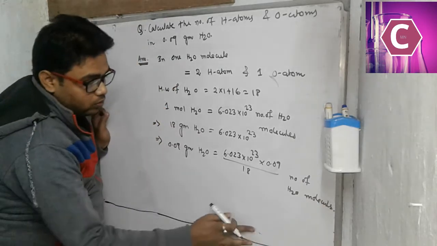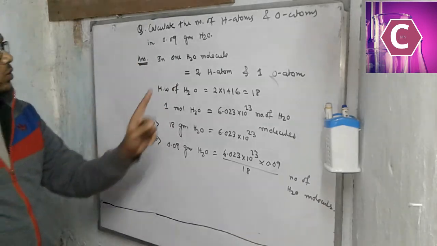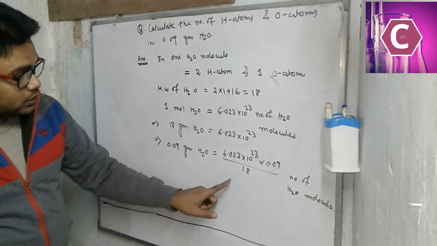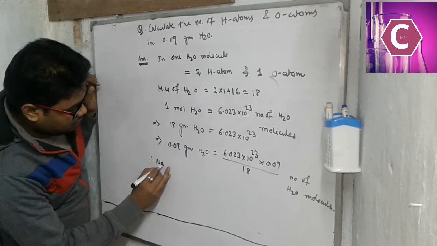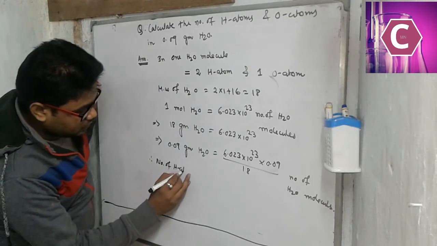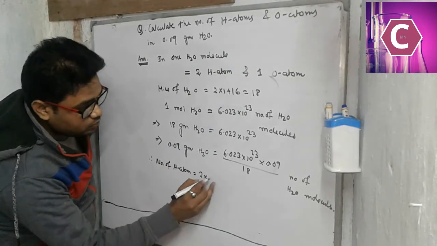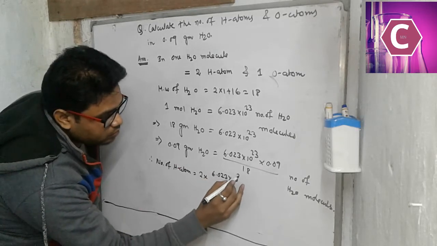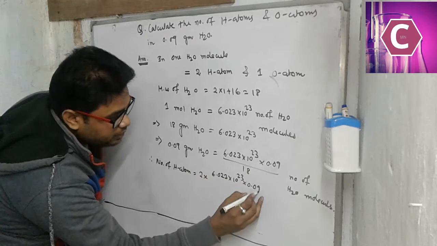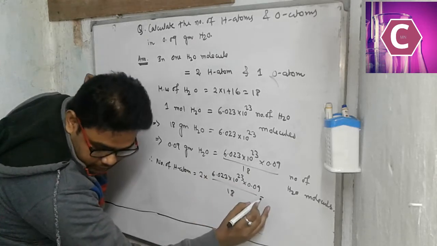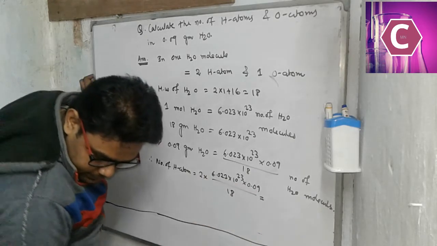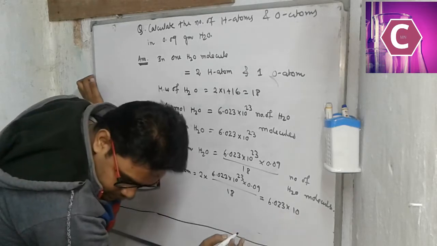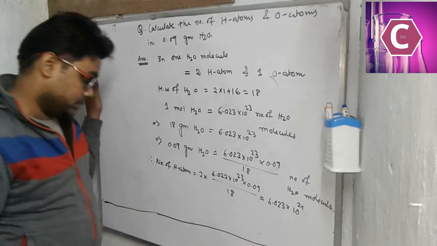Again, we know in one H2O molecule there is 2 hydrogen atoms and 1 oxygen atom. So number of hydrogen atoms becomes equal to 2 into this 6.023 into 10 to the power 23 into 0.09 divided by 18, and that is equal to 6.023 into 10 to the power 21.